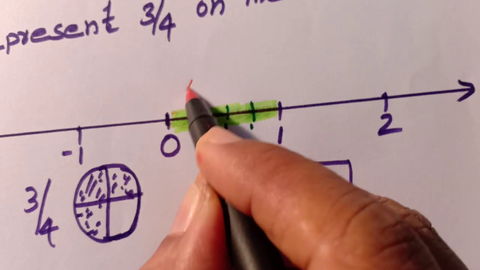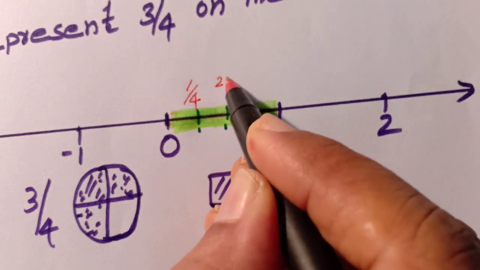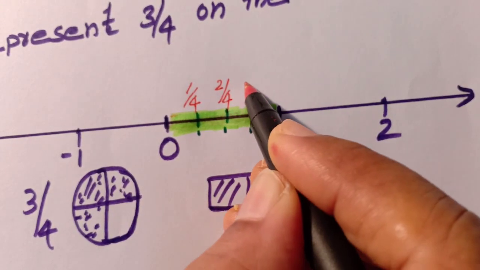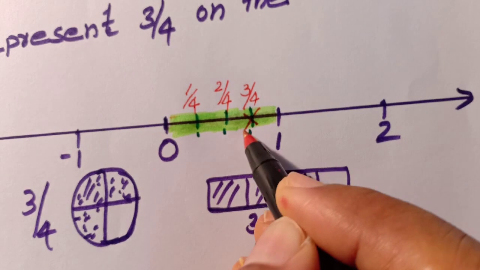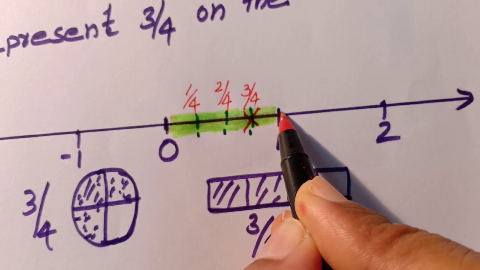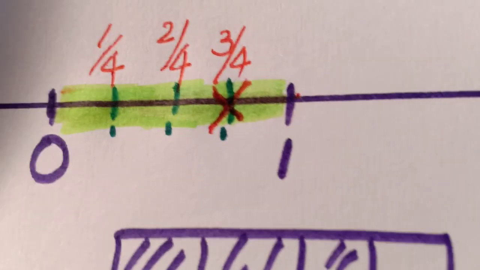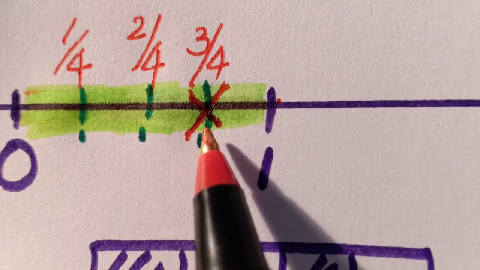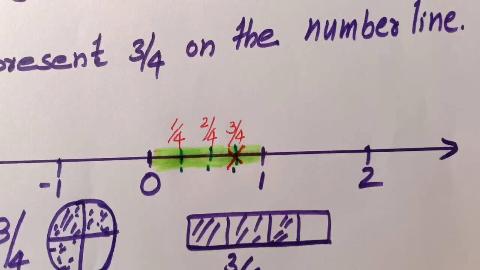So each part is equal to 1 by 4. 1 by 4 plus 1 by 4 equals 2 by 4, and this one is 3 by 4. So in this way, we can show rational numbers on the number line.